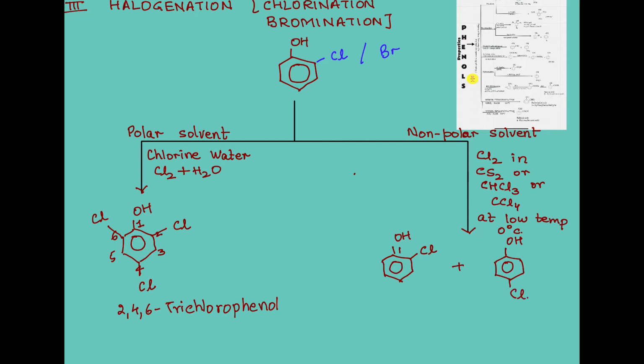So 1, 2, so we get here 2-chlorophenol. Similarly, can you name this product for me, please? What is the other name for this product? Yes, it is also known as orthochlorophenol. So what will be the name of this product? Parachlorophenol.